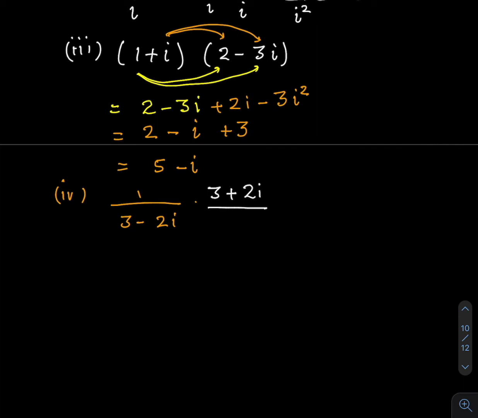If it's 3 minus 2i, we will multiply and divide by 3 plus 2i. So in the numerator we have 3 plus 2i. In the denominator you multiply 3 minus 2i and 3 plus 2i and verify what you will get.